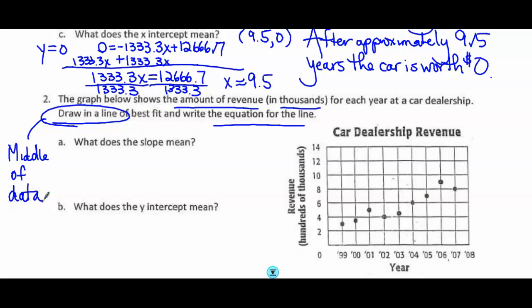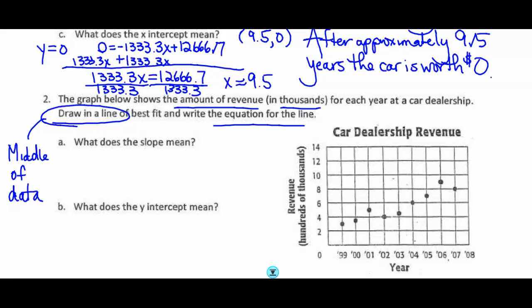So I'm going to draw a few lines. This is not the middle of the data. Get rid of that. If you draw it like this, that is not through the middle of the data. That's above it. If you draw like this, that's not through the middle of the data. It's below it.